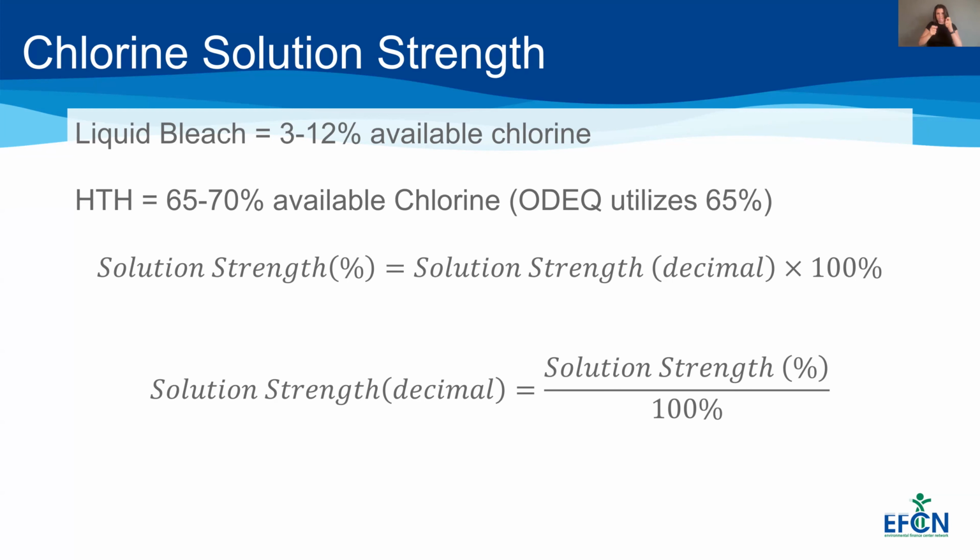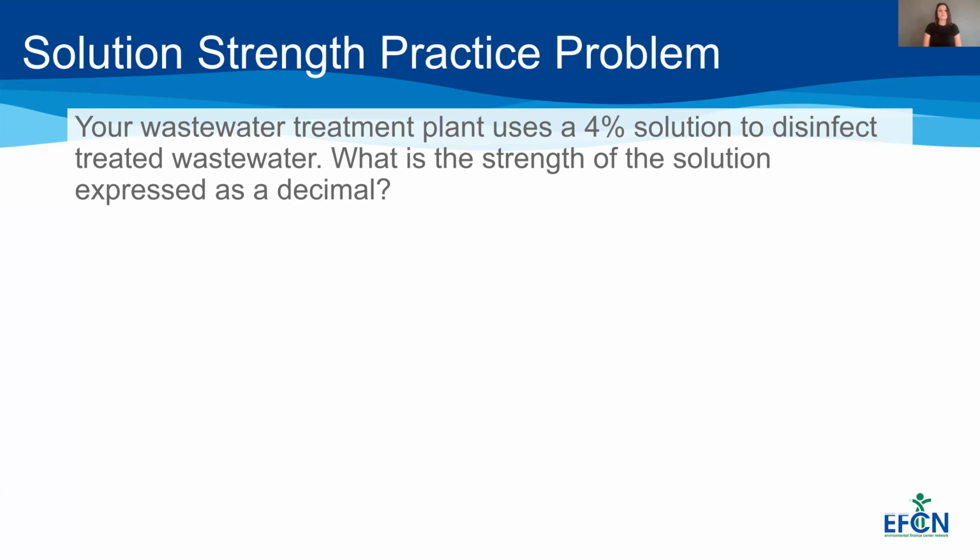This is very similar to some of the math from the last training, when we used our different decimals and percentages math. We're going to do this one all together in a second.